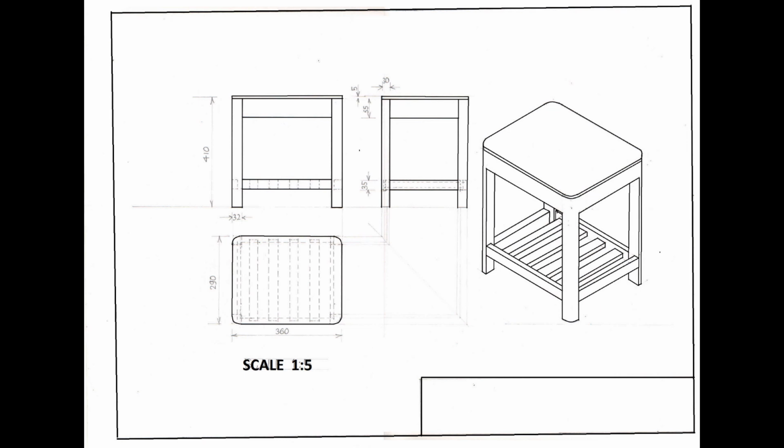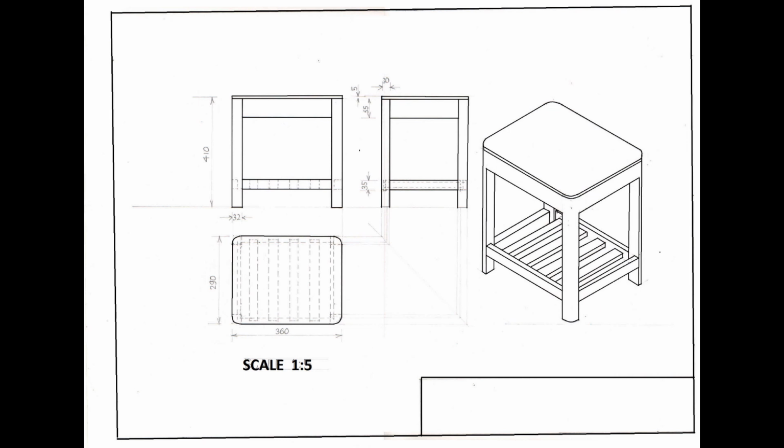So thus in this video we have seen what is the definition of a scale or drawing scale, and then how we can calculate what kind of scale we should use for our drawing given an object. The object can be very large or it can be very small.